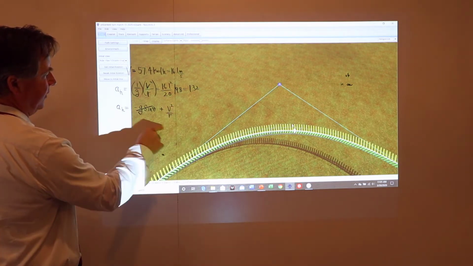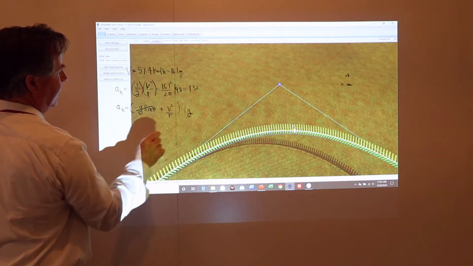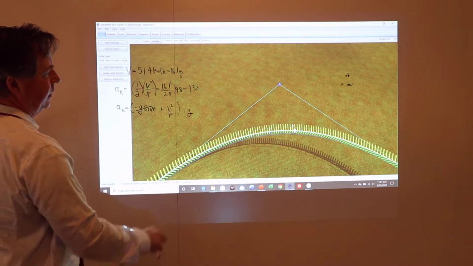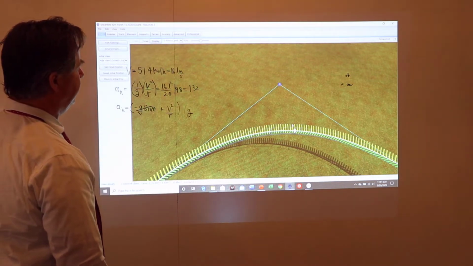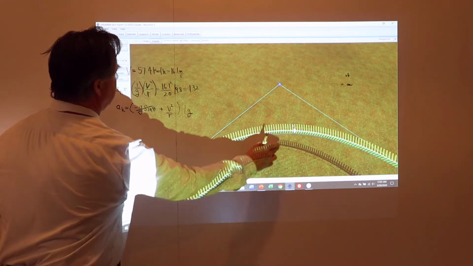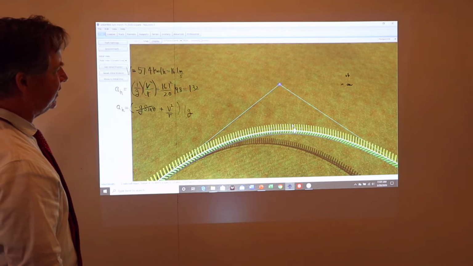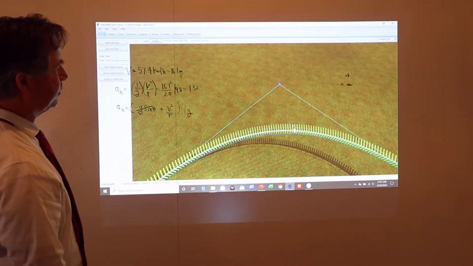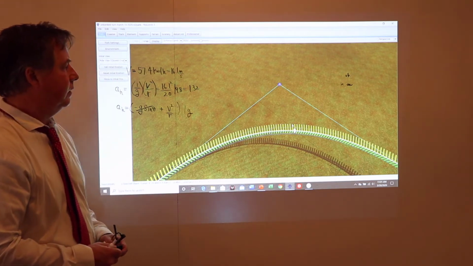There you have it. This is in meters per second squared, and we've been working in number of g's, so that's where that equation comes from. So with no banking at a speed of 57.4 kilometers per hour, which is about 36 miles per hour or 16.1 meters per second, you get 1.32 g's. So what does that feel like?